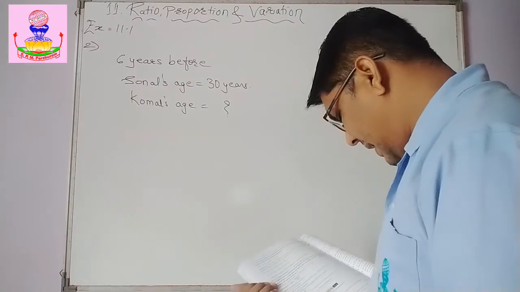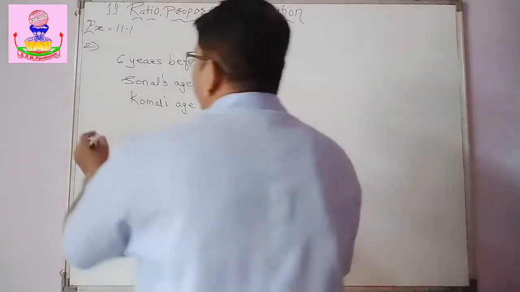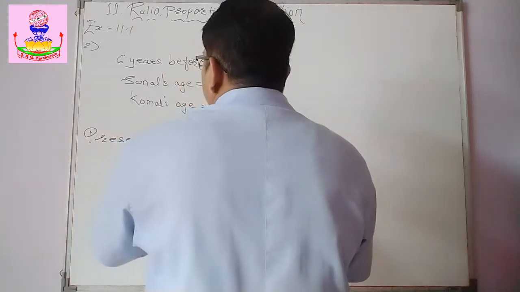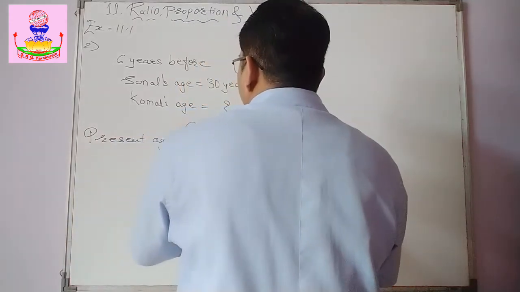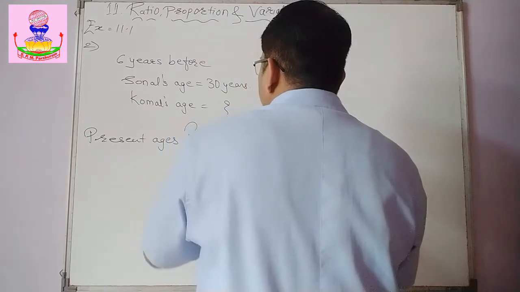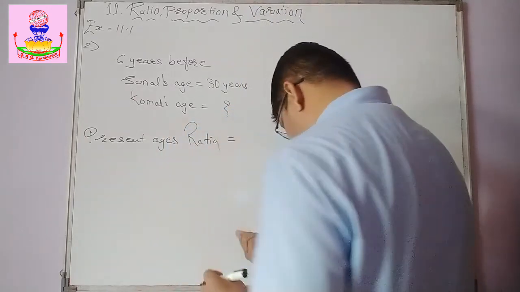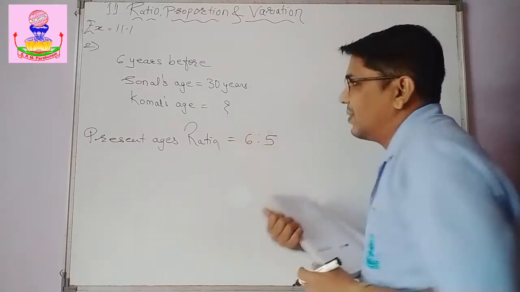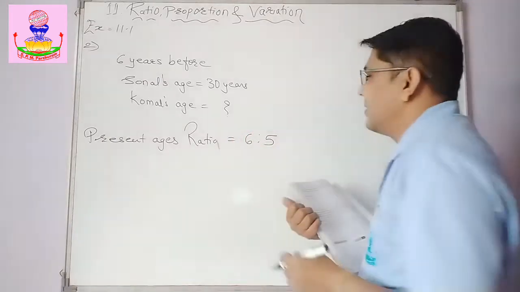And the ratio of the present ages is 6:5. Do you get it?